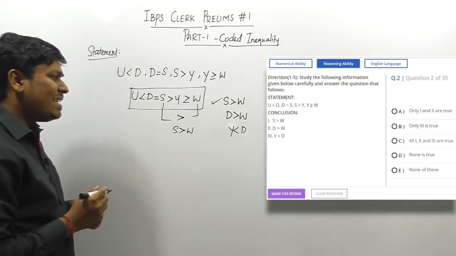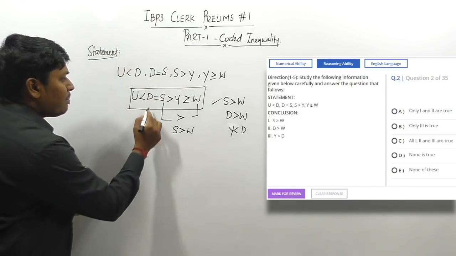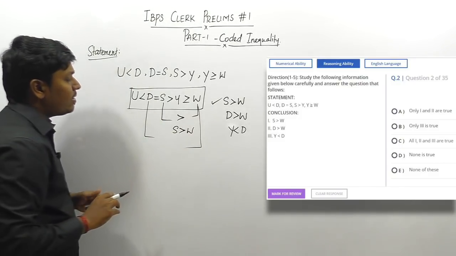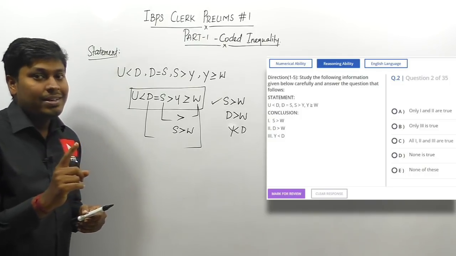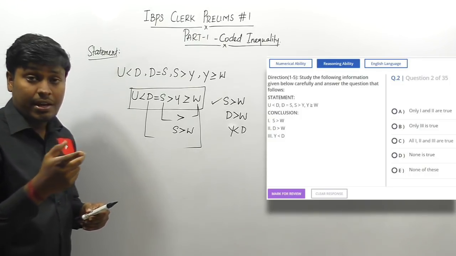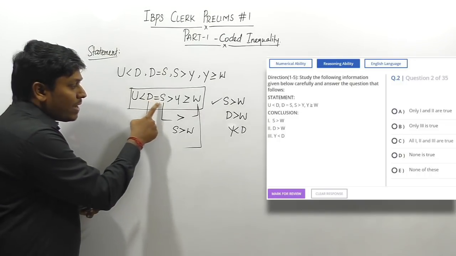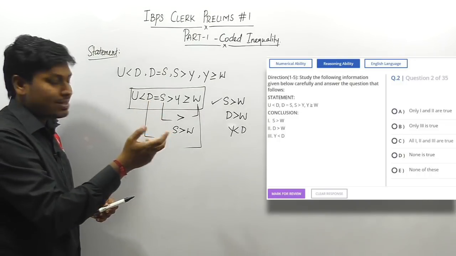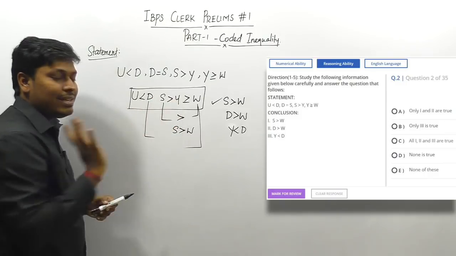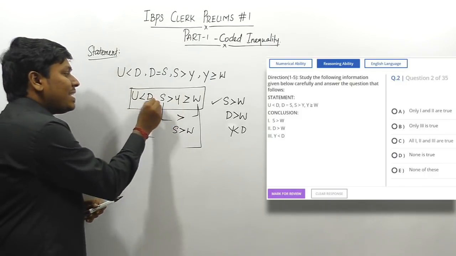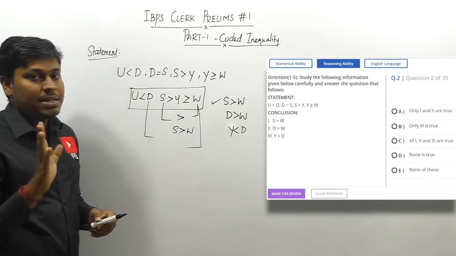Conclusion number 2, D greater than W. While comparing D and W, listen carefully. While teaching coded inequality, I have again and again said one concept: D equal to S, both are the same. So this can be treated as only one letter, D or S. Only because of that equal to symbol, most of the students make a mistake.